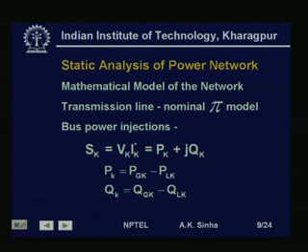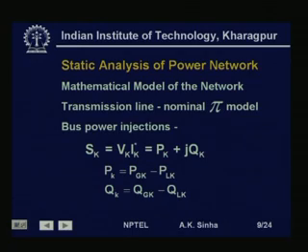Now, how do we do this power flow analysis, which is basically static analysis of the power network? What do we do here? The first thing that we need to do is create a mathematical model for the network.